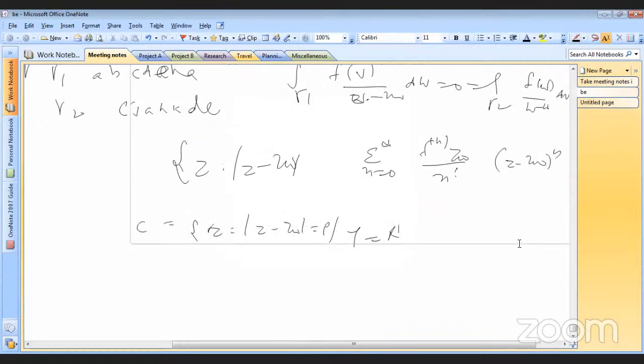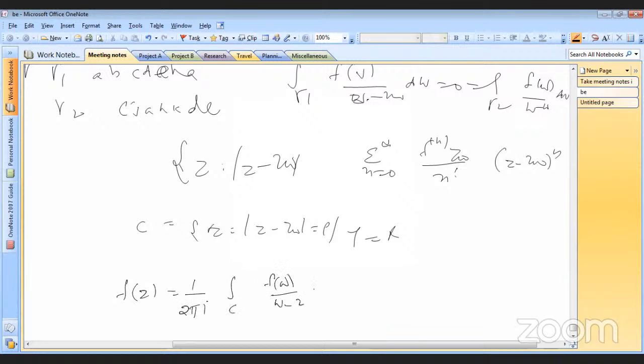So therefore, f of z is equal to 1 by 2 pi i integration of f of w by w minus z dw, for f of z minus z naught. As the condition we have to prove, the denominator part is 1 by w minus z naught and z minus z naught.